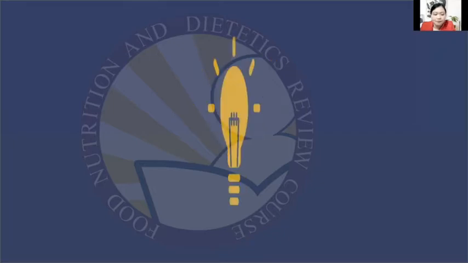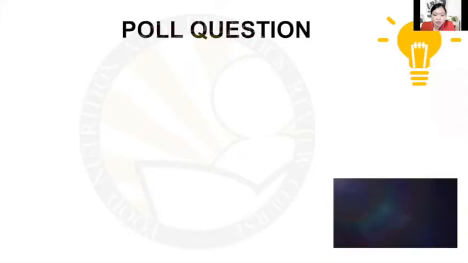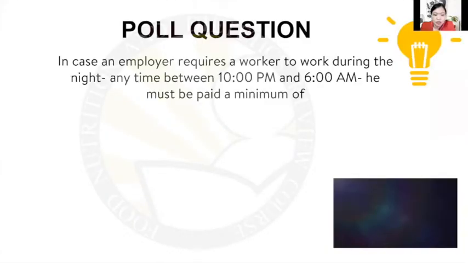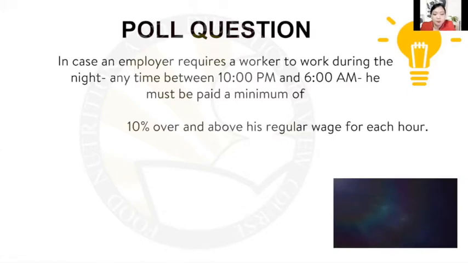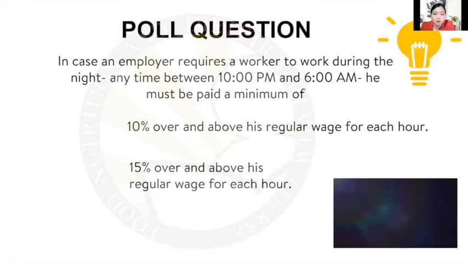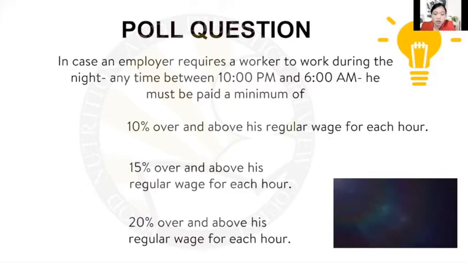We have another question. In case an employer requires a worker to work during the night, anytime between 10 p.m. to 6 a.m., he must be paid a minimum of 10% over and above his regular wage for each hour, 15% over and above his regular wage for each hour, or 20% over and above his regular wage for each hour.